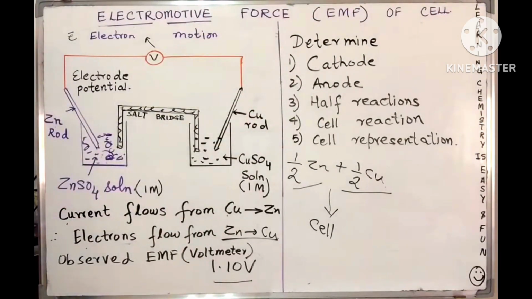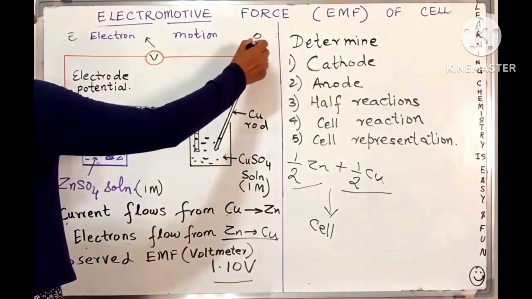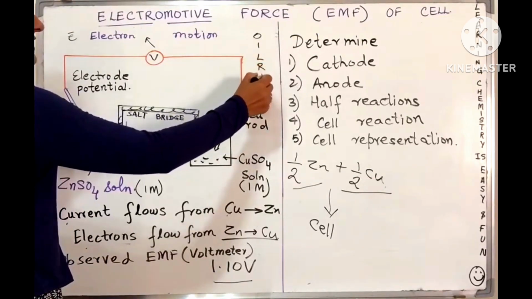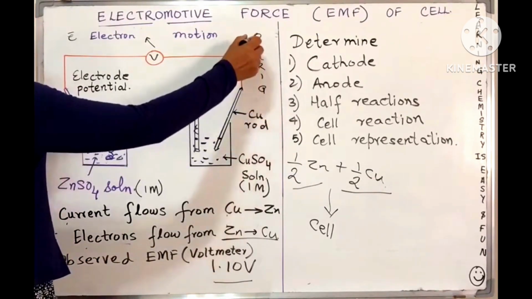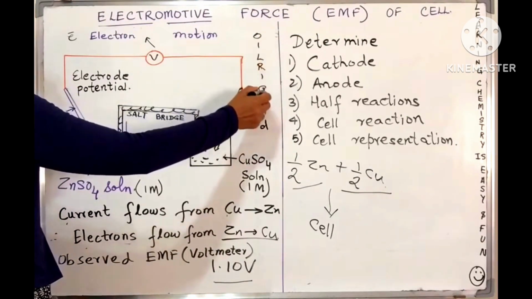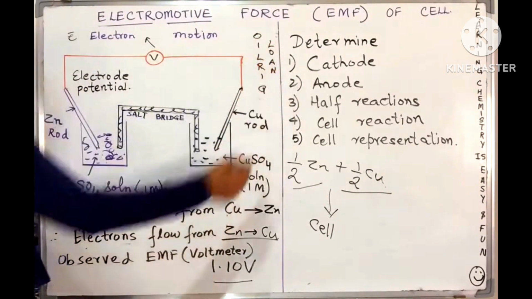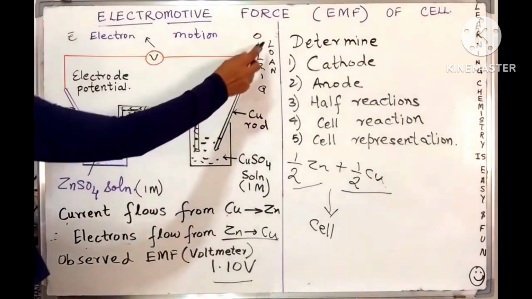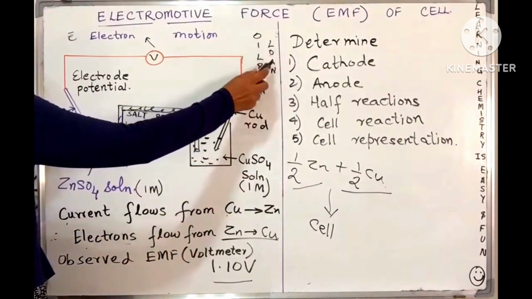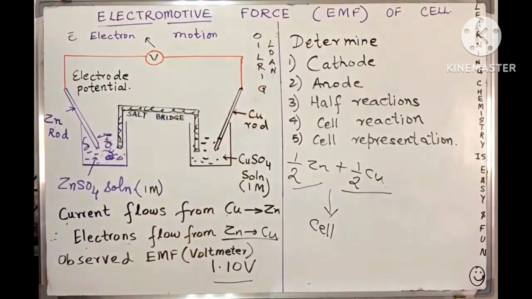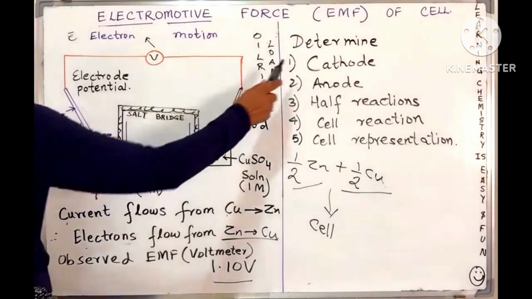The hint here: we have OIL RIG. Oxidation is loss, reduction is gain. And the second hint is LOAN: left-hand side, oxidation, anode, and that becomes the negatively charged electrode. So I've given you two hints here.